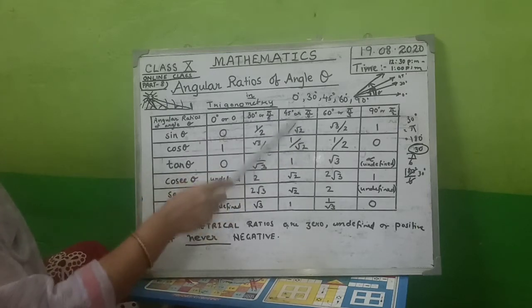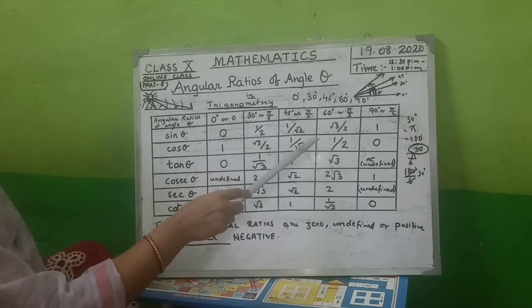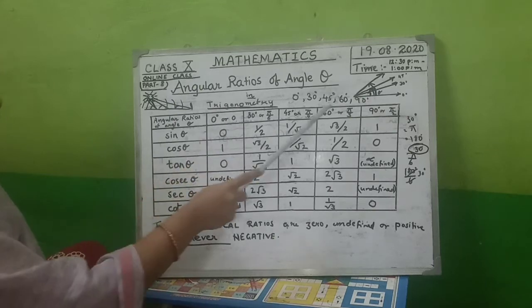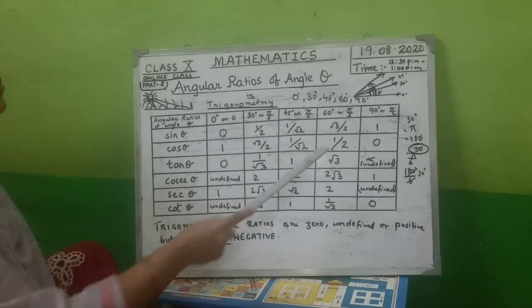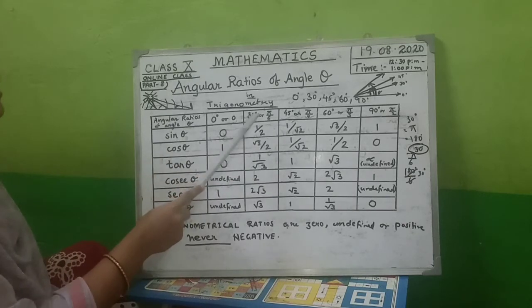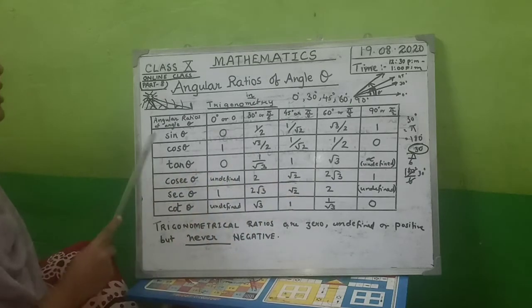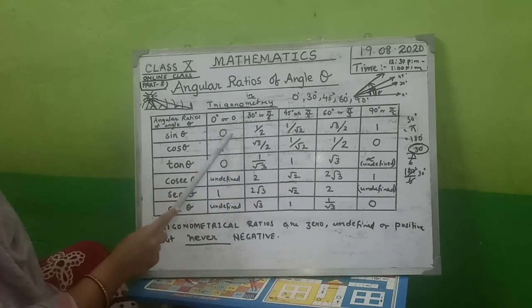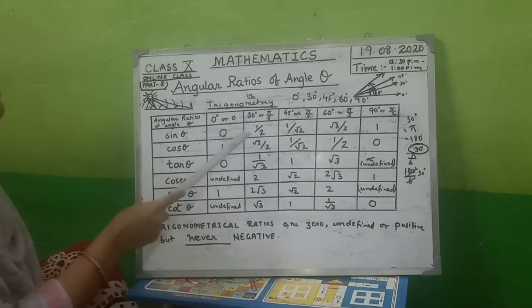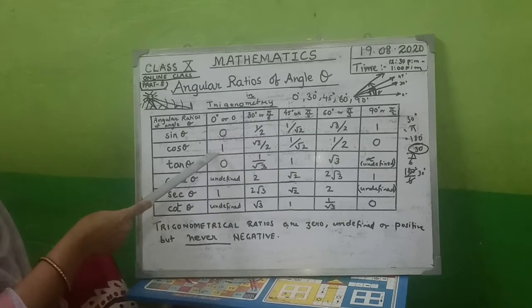Since it is the middle angle, cos 45 degree is also 1 by root 2. Sin 30 degree is 1 by 2, so cos 60 degree is 1 by 2. Sin 0 degree is 0, so cos 90 degree is 0. What I have written over here, just the reverse form I have written over here.